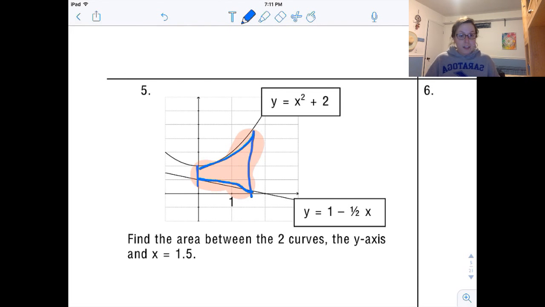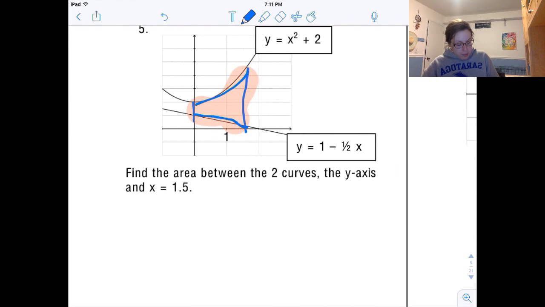So to find the area of that region, I'm going to do the integral, and I want my bounds. I'm starting at x equals 0, or the y-axis, and I'm going to 1.5, my upper bound, and I'm going to figure out what's my top and what's my bottom. Here I see that this function is the upper function.